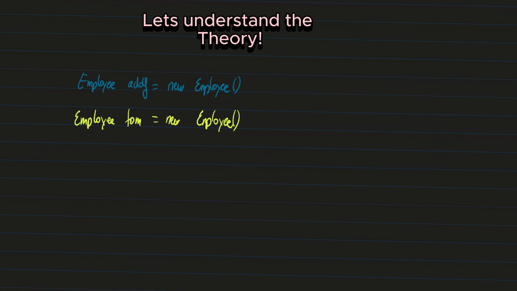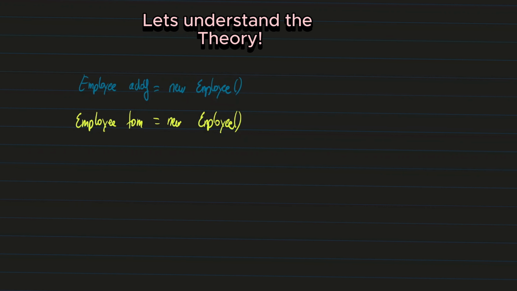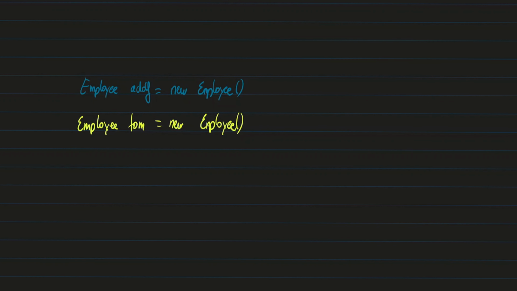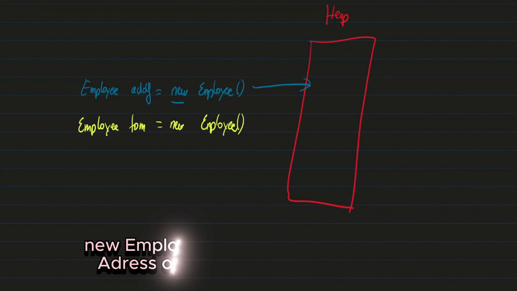Okay, so let's see how this works basically under the hood. Here we have created our two employees, employee Adolf and employee Tom. And in Java, we have some concept which is called a heap. A heap is basically your memory on your physical computer. And whenever we tell Java to create a new object, it will create a new object and save it at a certain address on the heap.